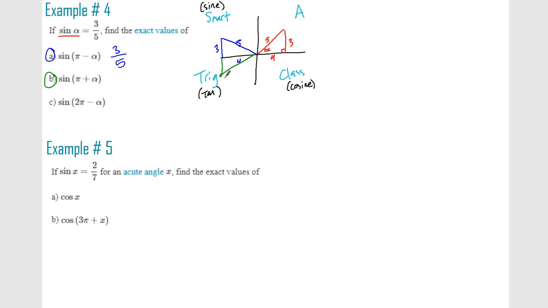We're now down here, trig. So only tangent is positive, so that means sine is negative 3/5. And then here, for part C, 2 pi minus theta, we're down here. So cosine is positive, so that means sine is negative.